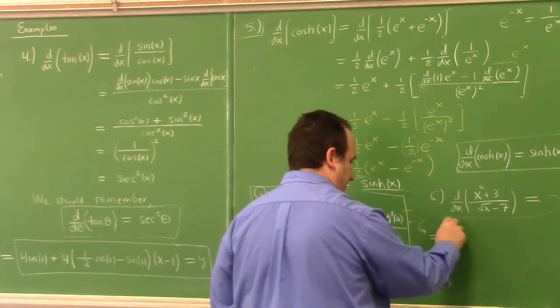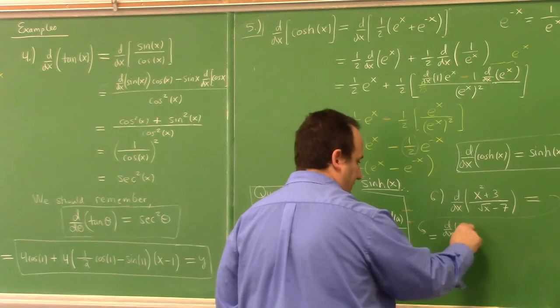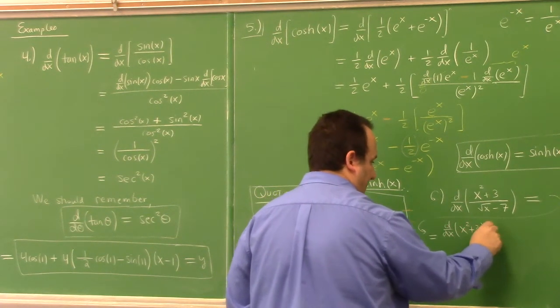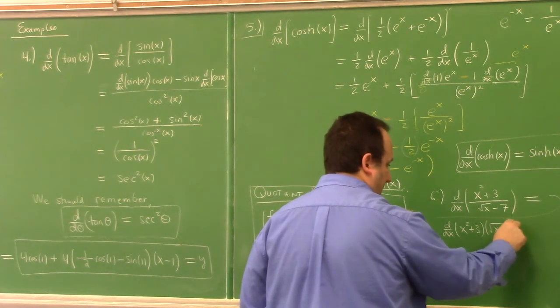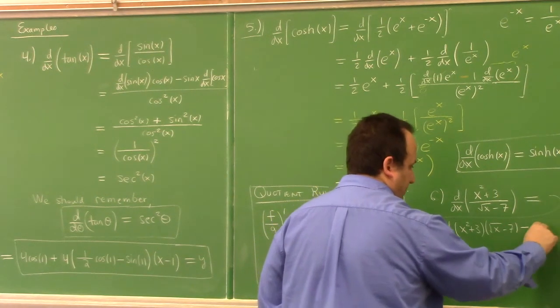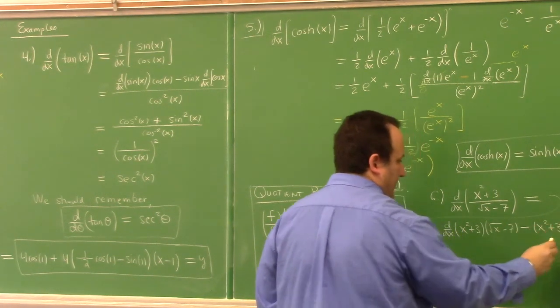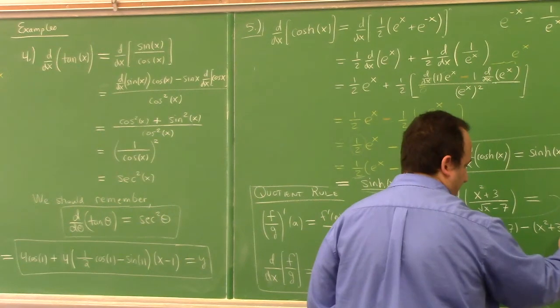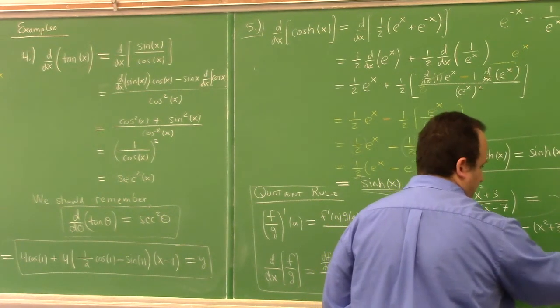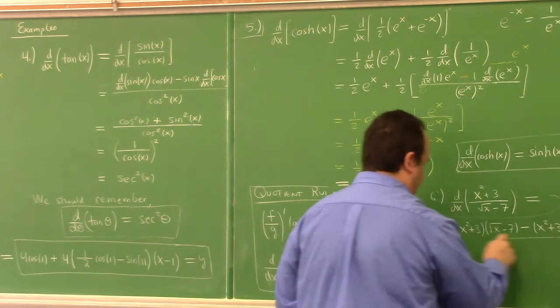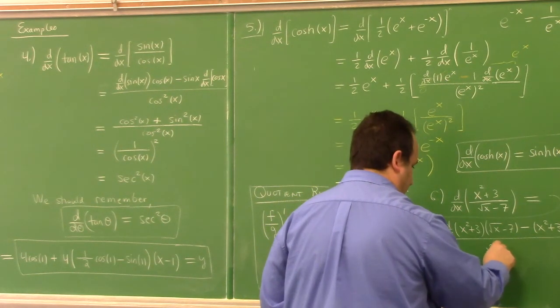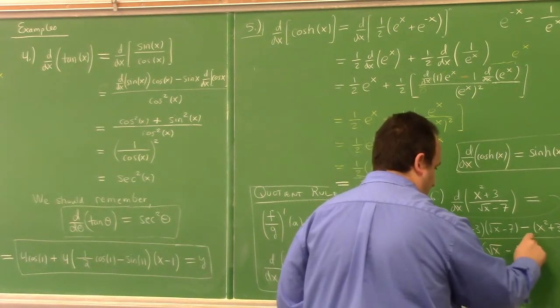So we have d dx of x squared plus 3 times the square root of x minus 7 minus x squared plus 3 times d dx of the square root of x minus 7, all divided by the square root of x minus 7 quantity squared.